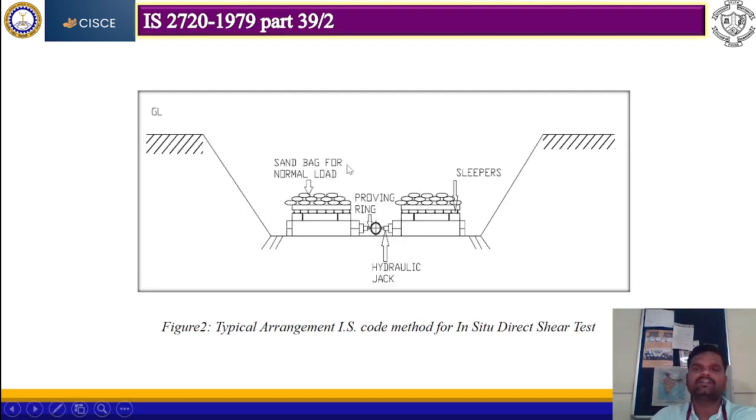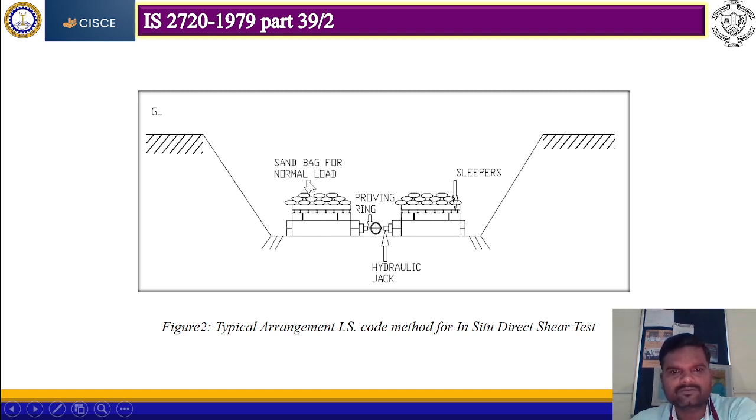Another well-known test is Indian Standard 2720, 1979, Part 39, Section 2, the field direct shear test. Basically, here they excavate the soil sample 1500 by 1500, and they leave two soil specimens, one on each side.